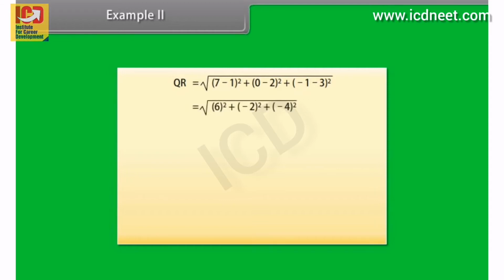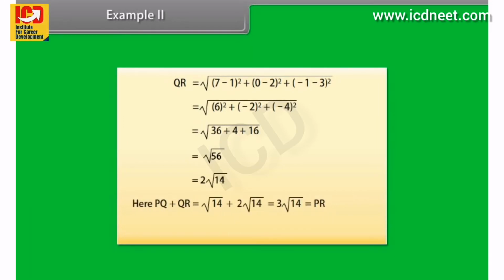After calculating QR, we get 2 times square root of 14. Here, PQ + QR = square root of 14 + 2 times square root of 14 = 3 times square root of 14 = PR. Hence, the points (-2, 3, 5), (1, 2, 3) and (7, 0, -1) are collinear.